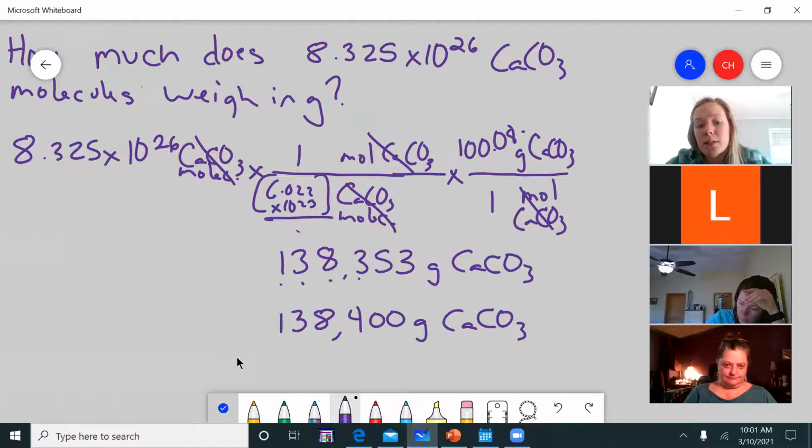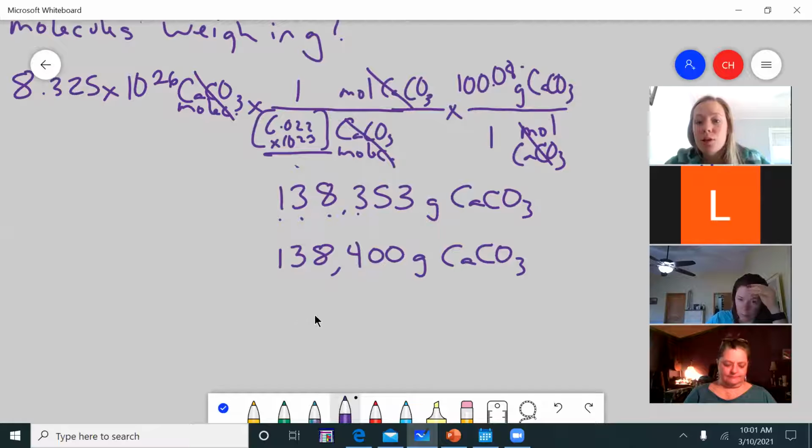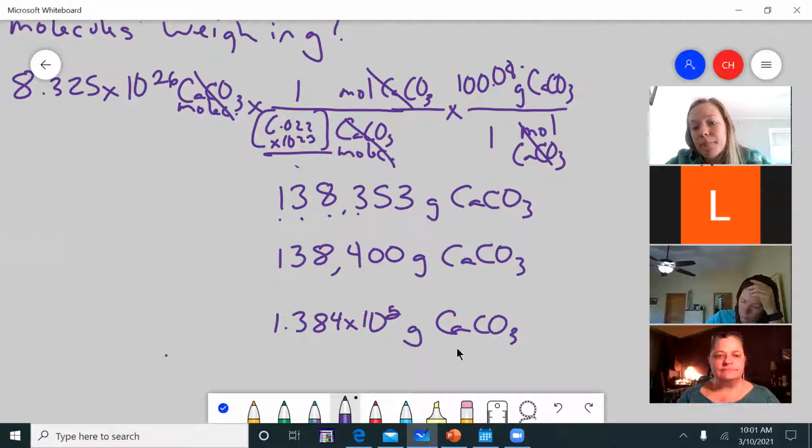Now, if I want to take this another step further and write it in scientific notation, because this is kind of a large number, it can get a little cumbersome, move the decimal place over: 1.384 times 10 to the 5th grams of CaCO3.